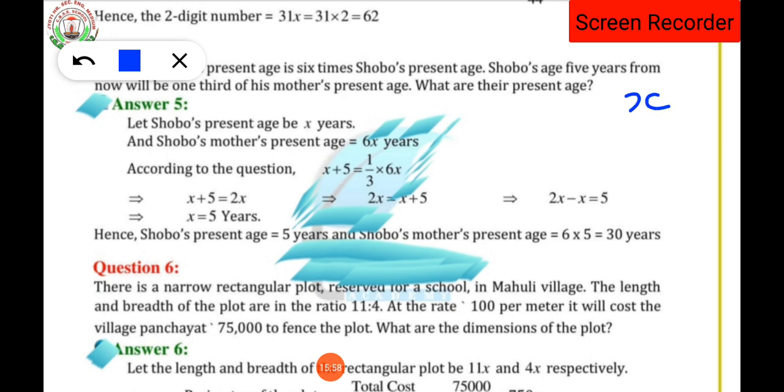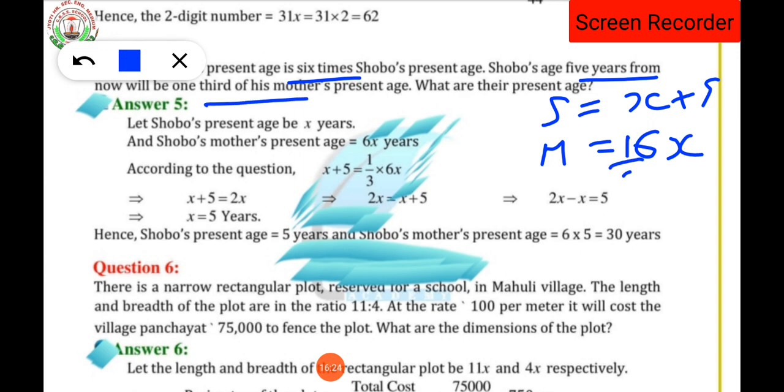If Shabo's age is x, then Shabo's mother, who is 6 times Shabo's age, will be 6x. Okay, then it is again said that 5 years from now Shabo's age will be x plus 5 and her mother's age will be 1/3 of the present age. So it will be like this. So the equation will become here.